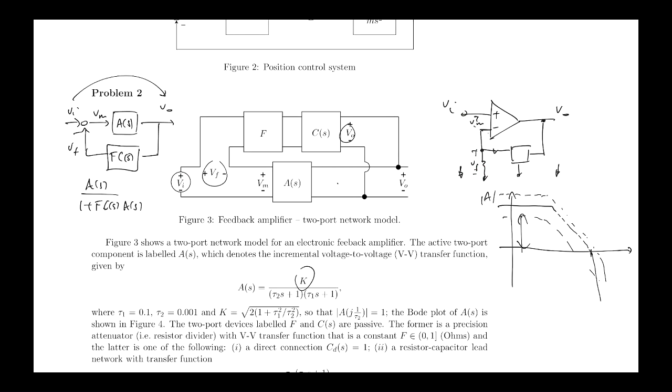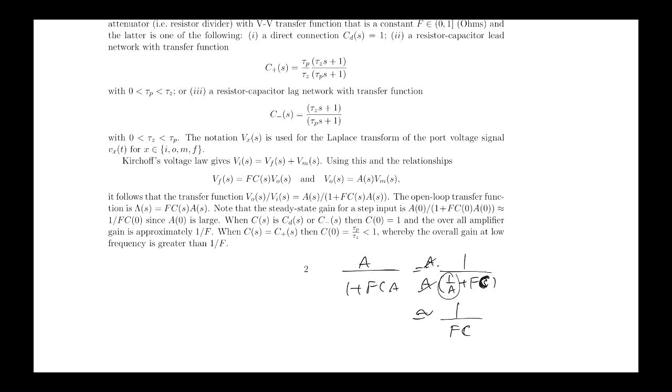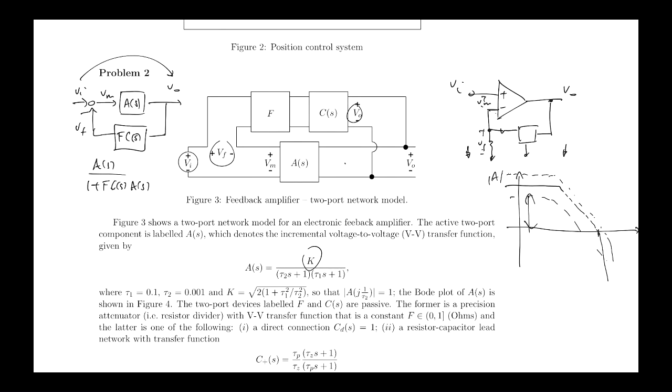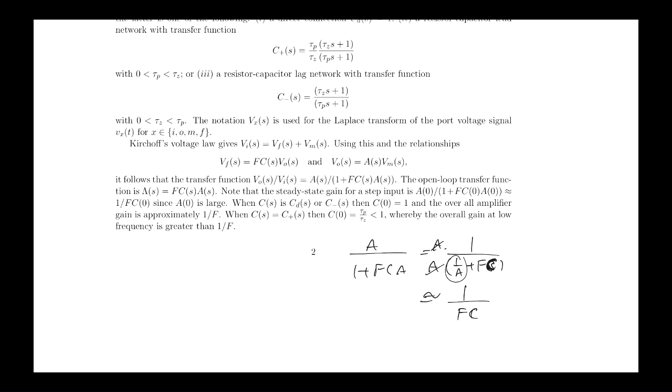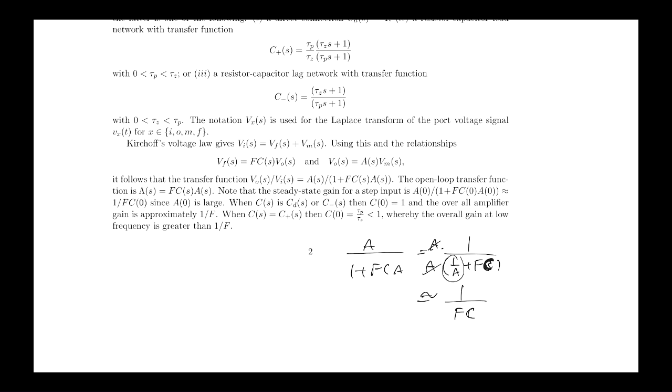So often what's done is that you just have a resistor divider network here that effectively feeds back a fraction of the output voltage, and in that case, at low frequencies, provided the gain of the op-amp, so the gain from whatever appears across the terminals here to the output voltage, reference to ground, is large, then the gain from the input voltage to the output voltage will be determined by 1 on F. Okay, so the smaller F is, the larger the gain.